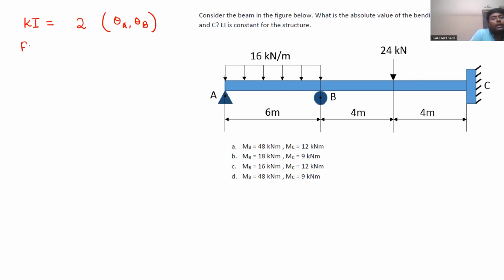Now, calculate all those fixed end moments. So, tell me what will be MFAB, then MFBA, MFBC, MFCB.